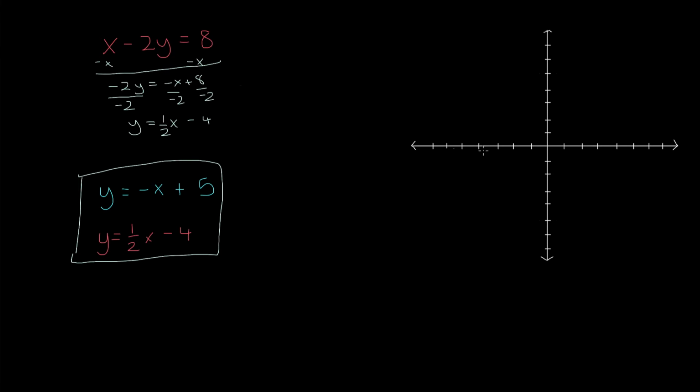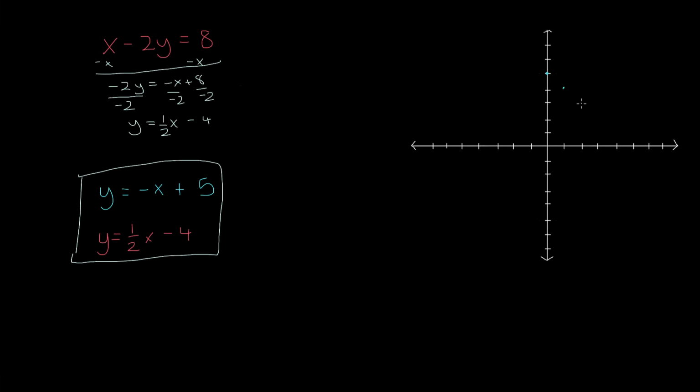Let's graph the first one, y equals minus x plus 5. Our y-intercept is 5, so let's count up to 5: 1, 2, 3, 4, 5. That's going to be our y-intercept. The slope is negative 1, so we go down 1 and to the right 1. That's going to be right there.